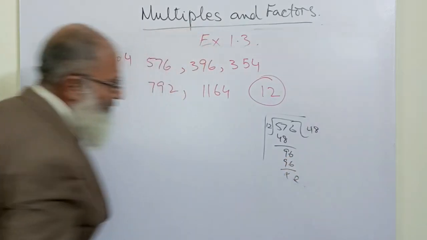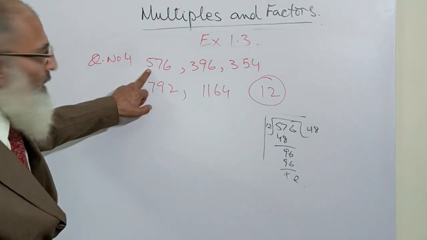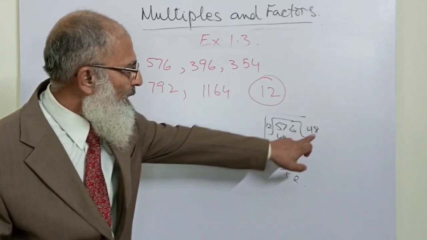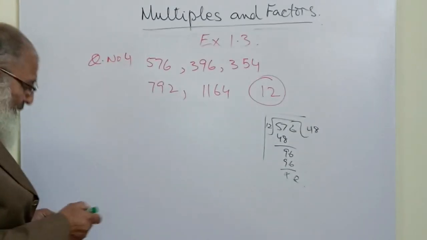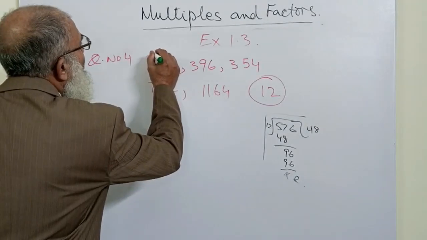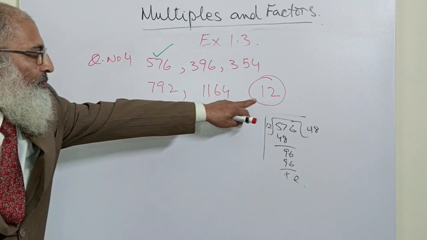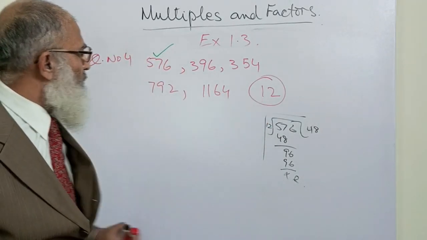No remainder. So you see that for the first number, that is 576, we have got no remainder, and the quotient is 48. So I just tick that this is a multiple of 12.